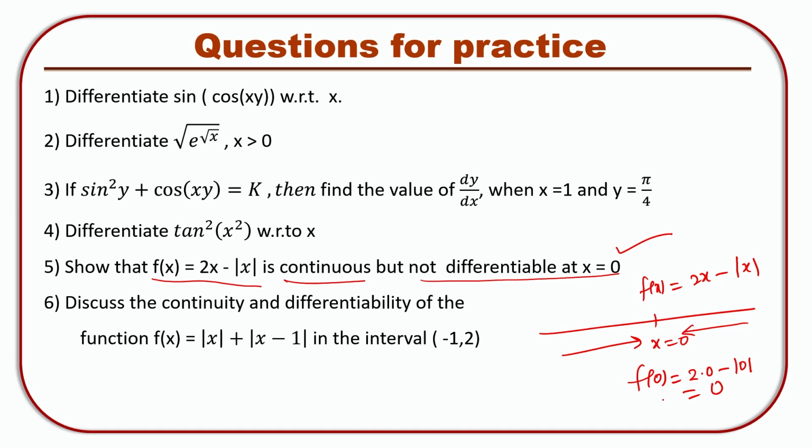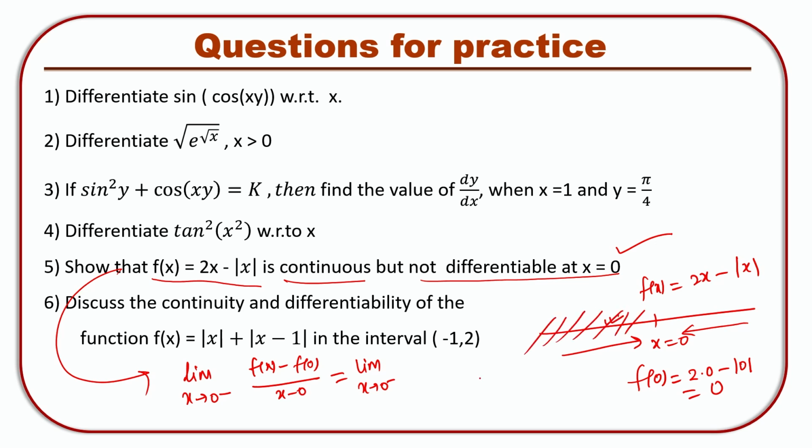So this is quite easy. Now calculate the limit as x tends to 0 minus of f of x minus f of 0 divided by x minus 0. We are solving for the left one first.